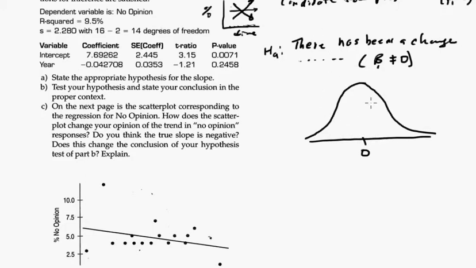By the way, the degrees of freedom, I didn't mention this in the last video. This is a Student t model, because the slope is a quantitative variable, and the degrees of freedom comes from the computer printout. It's 14.